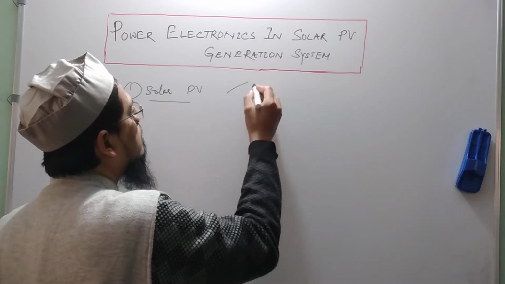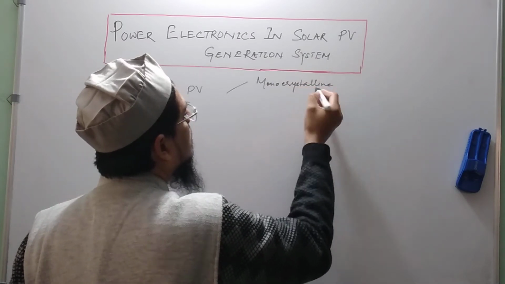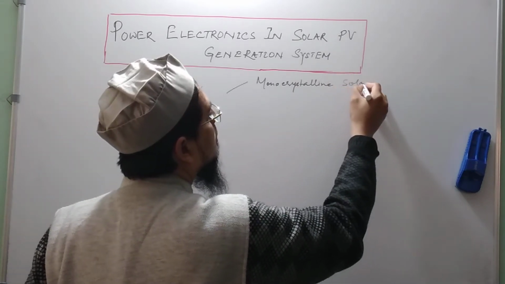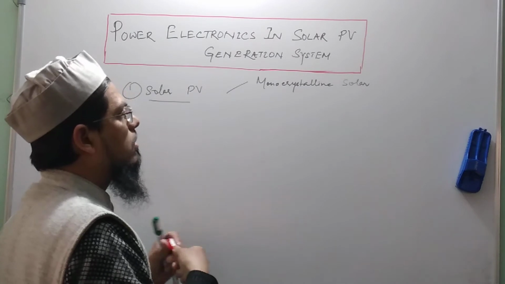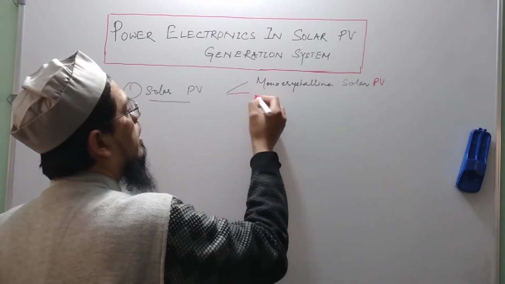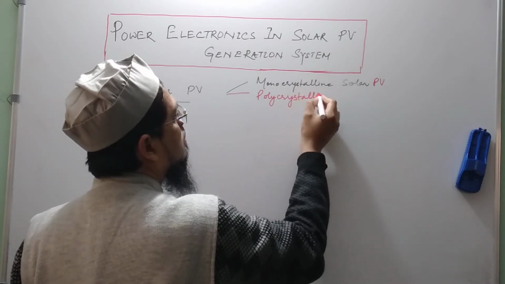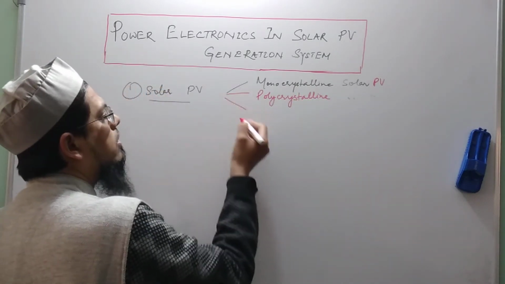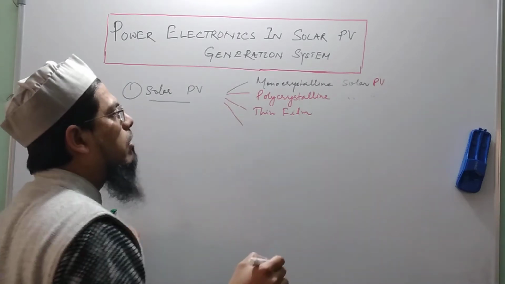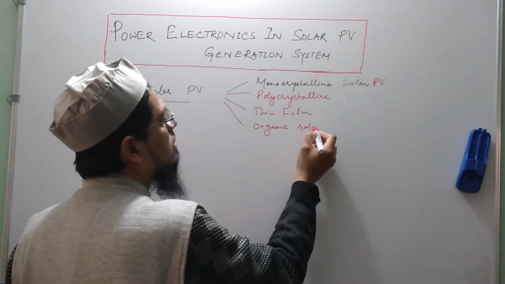We have basically got monocrystalline technology, and based on that monocrystalline solar PV system or PV array or panel, and then we have polycrystalline, and the third one is your thin film, and more recently we have got organic solar cells.